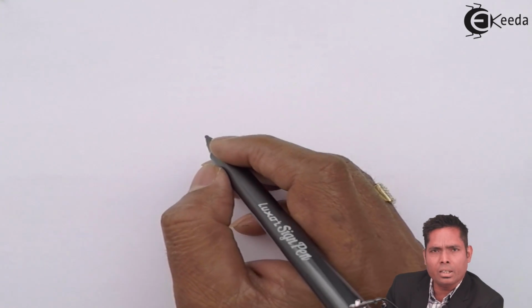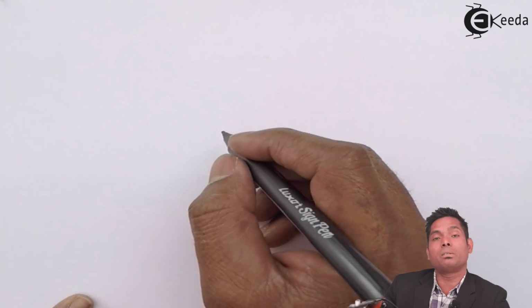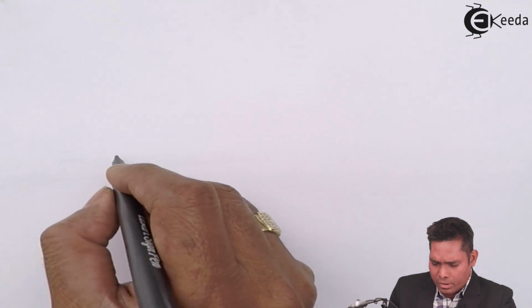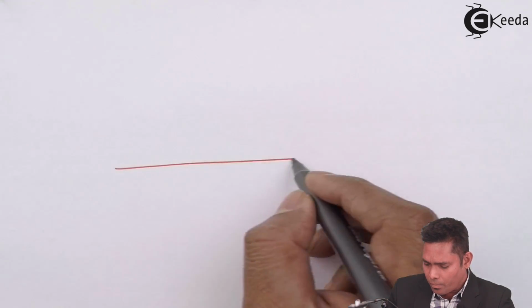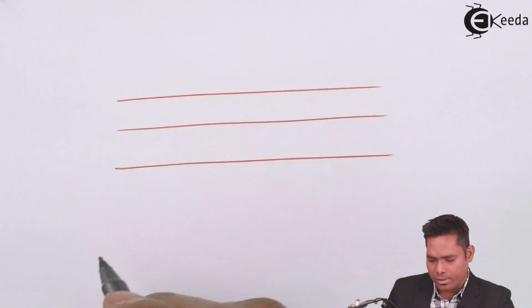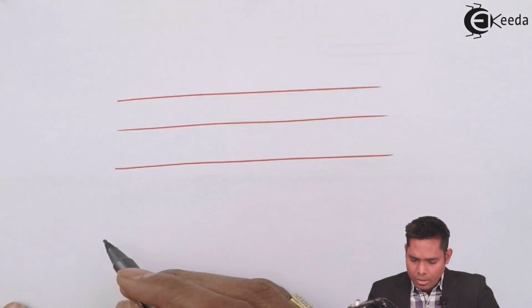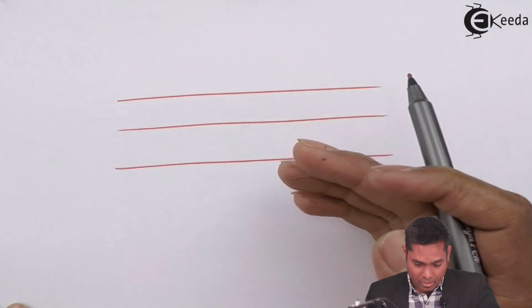What is that concept? If we have so many layers, all those layers must be parallel. For the sake of convenience I consider 3 layers, 1, 2, 3 layers. Supposing that this is one more layer.